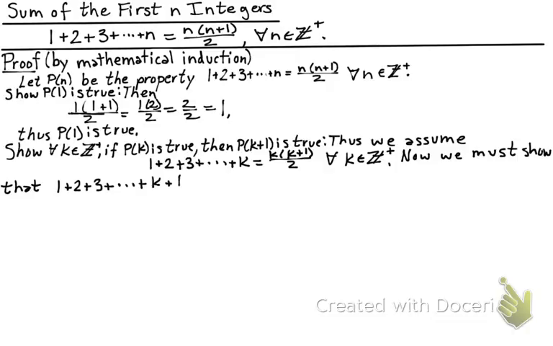So up to k plus 1 equals, this is where we're trying to go, k plus 1 times k plus 1 plus 1 over 2, which we can simplify as k plus 1 times k plus 2.